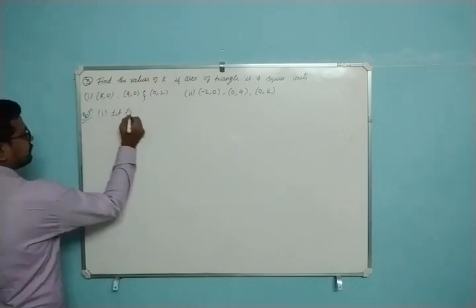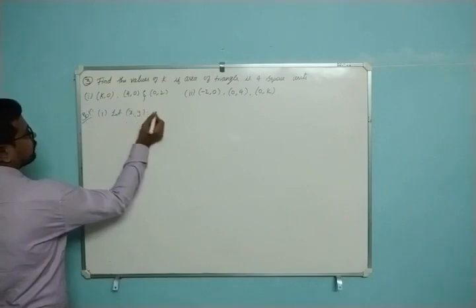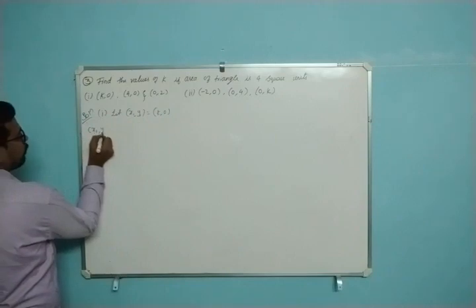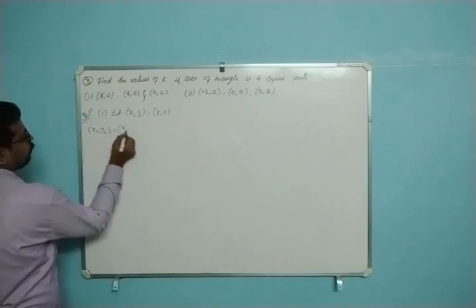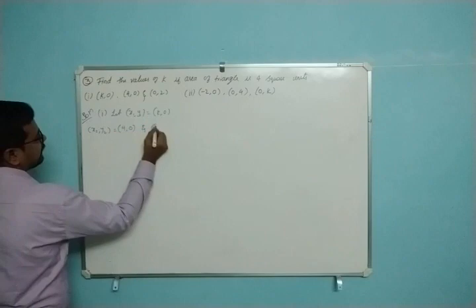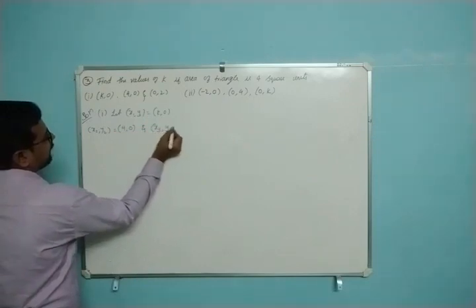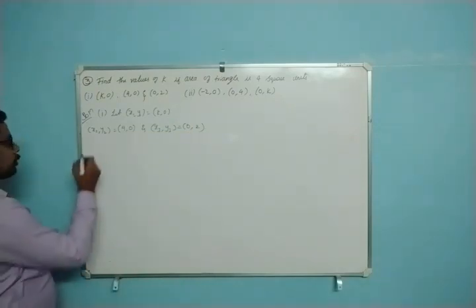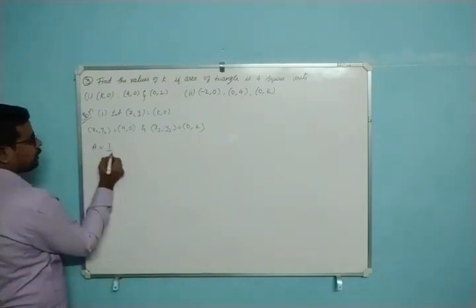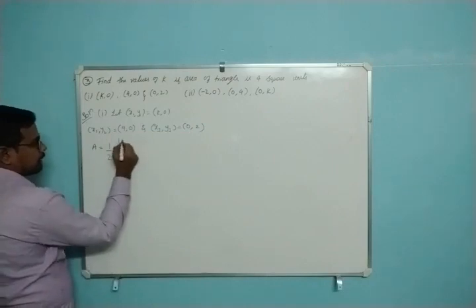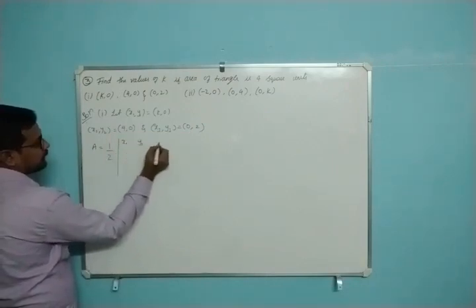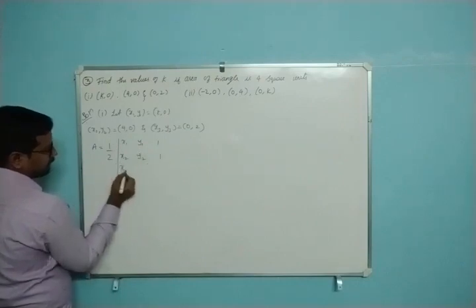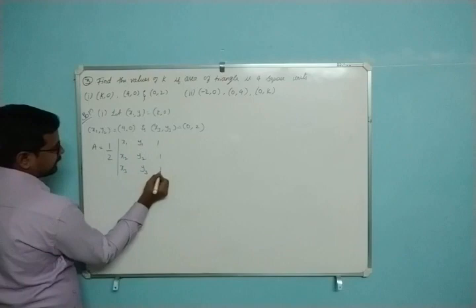Let x1, y1 is equal to k, 0, x2, y2 is equal to 4, 0, and x3, y3 is equal to 0, 2. So we know that the area is given by half times the determinant x1 y1 1, x2 y2 1, x3 y3 1.